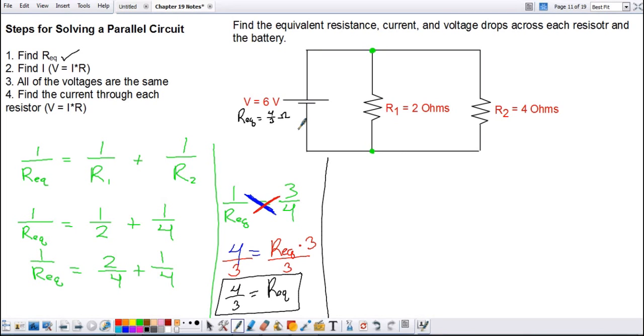Find the current. Okay, so we need to find the current. The only place that we can find the current right now is at the battery. We don't have enough information anywhere else. So we're going to go over here to the battery, and we're going to say voltage is equal to current times resistance, Ohm's law. So 6 is equal to the current, which we do not know, times 4/3. And then we need to solve, so we can divide both sides by 4/3, or multiply by the reciprocal, 3/4.